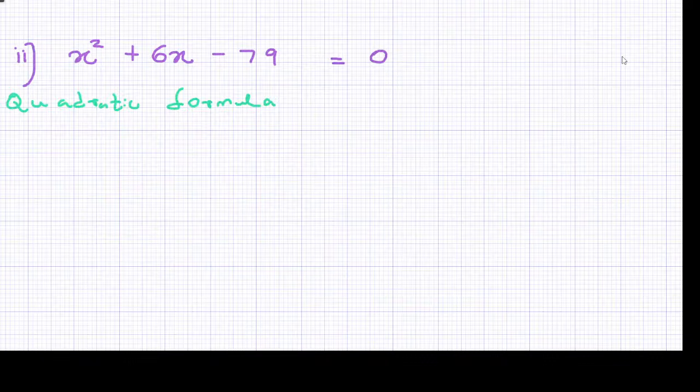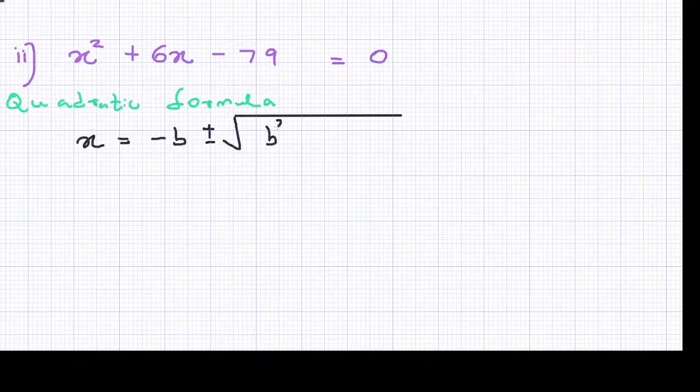Right, what's the quadratic formula? You've got to know that by heart. It is x is equal to minus b plus or minus the square root of b squared minus 4ac, divided by 2a.